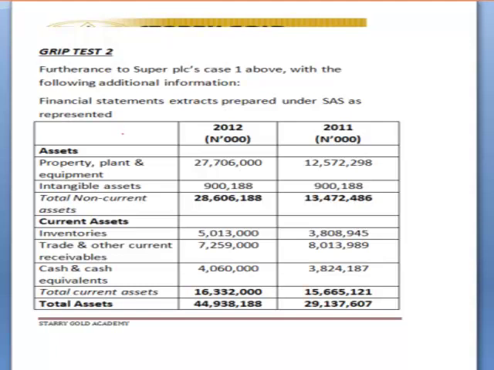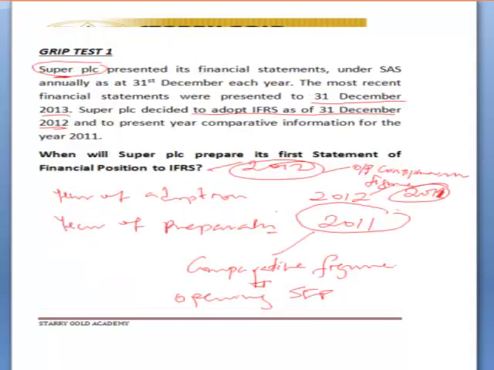Furtherance to Super PLC's case 1 above with the following additional information. Now, from our application of the first group test, which is identifying the period in which the reporting entity is able to adopt IFRS, we were able to establish that the first IFRS statement that this company is going to present is 2012. However, it has to present a comparative figure in 2011.